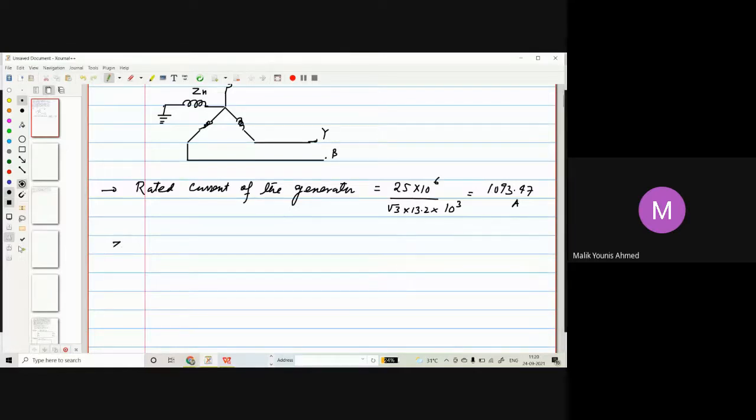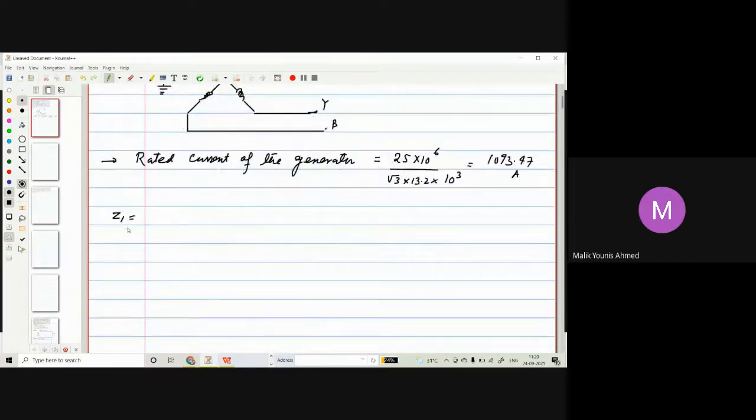Next, Z1 is given to us as 30%. So we can write Z1 as j0.3 per unit, Z2 is j0.4 per unit, and Z0 is j0.05 per unit. Base impedance we can also find. Base impedance is V base line to line, squared, divided by S base.